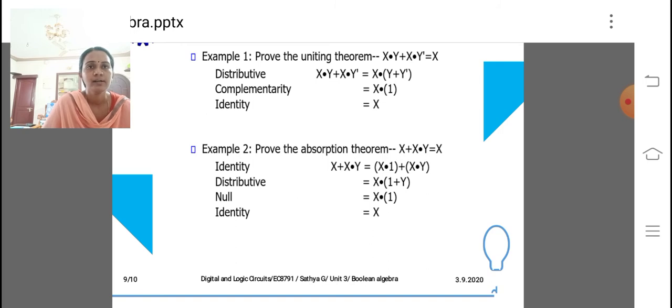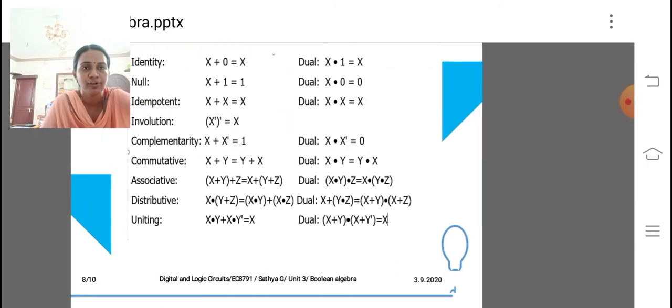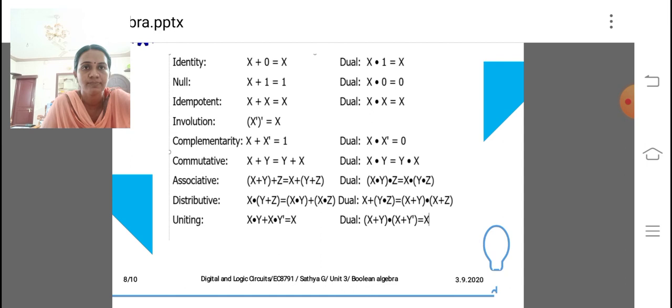Okay, so first we consider the left hand side. x dot y plus x dot y dash. In both cases x is common, so x is taken outside. So we are getting y plus y dash. Already I have shown that y plus y dash is equal to 1. Yes, refer to your previous PPT. That is x plus x dash is equal to 1, the complementary property I have explained.